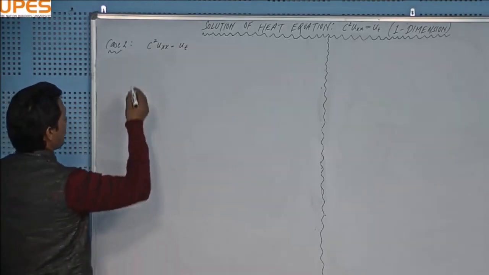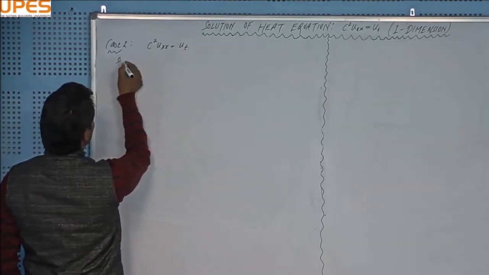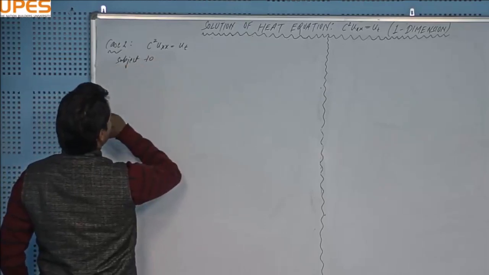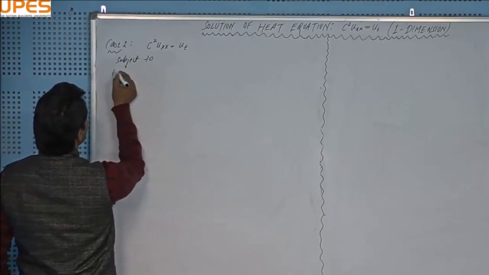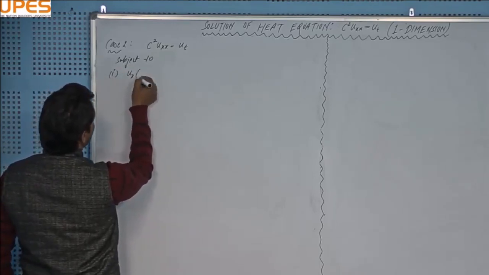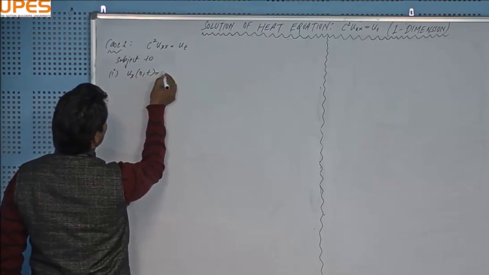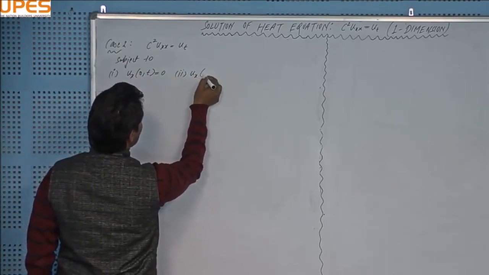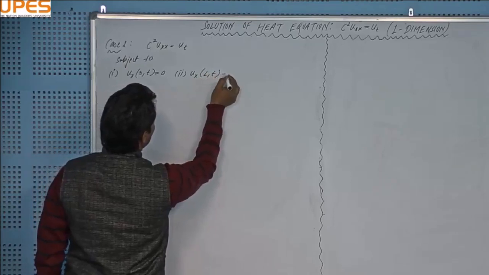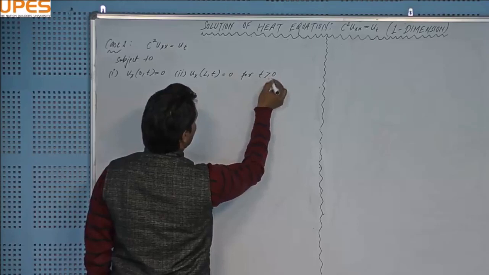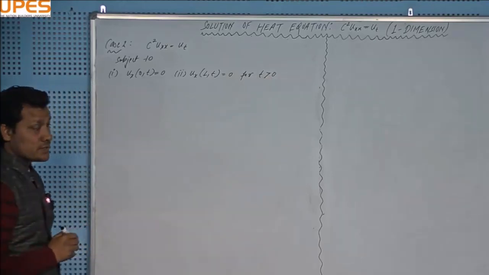And subject to the first boundary condition, del u over del x at (0, t) equal to 0, and the second boundary condition, del u over del x at (L, t) equal to 0, for t, which stands for time, greater than 0.